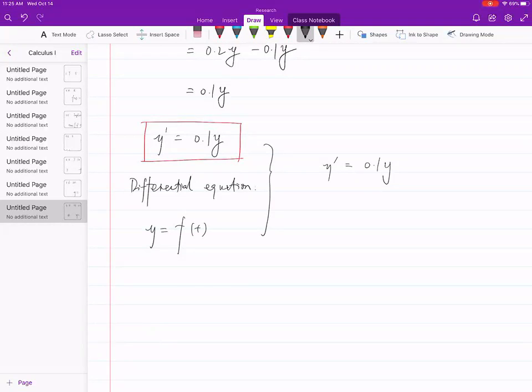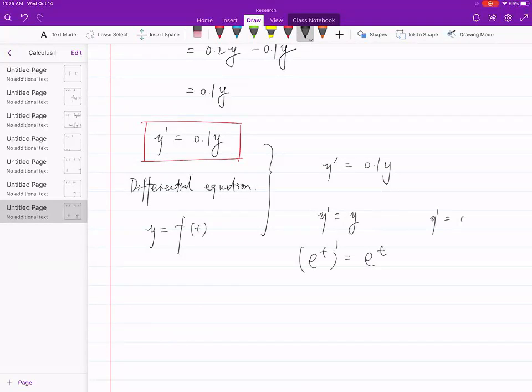For example, itself times 1, or 2, or 3, or 4. Do you know a function which y prime equals y? What is it? e to the x. Yeah, thanks. e to the t. Great. So this one satisfies y prime equals y.